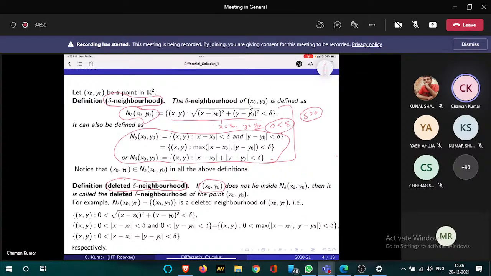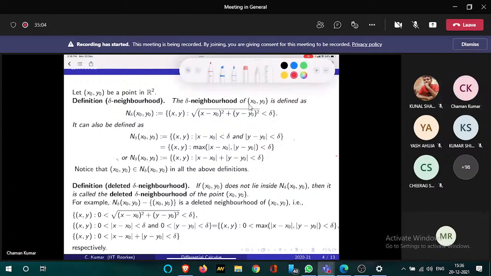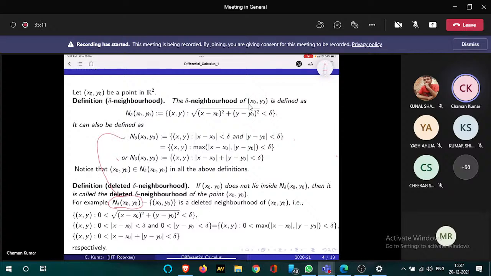So you basically delete the point x naught y naught from the neighborhood. Okay, right? So you can say that I have a neighborhood of delta around x naught y naught. Now this neighborhood can be anything that I have given you, as per your convenience.